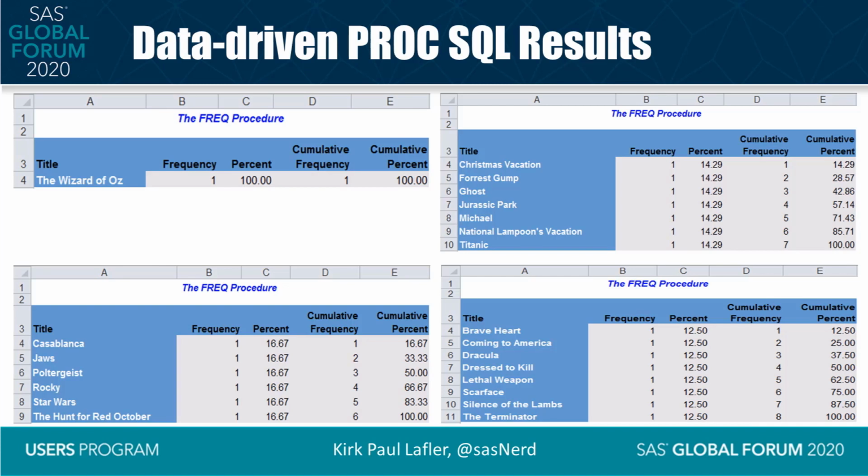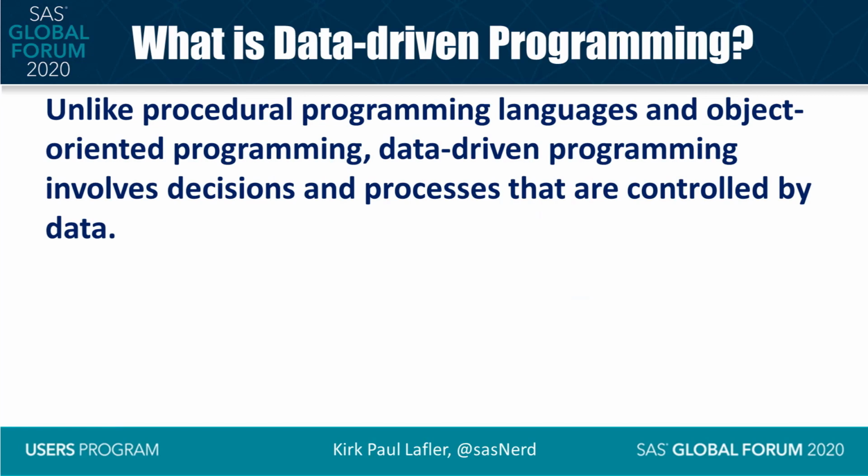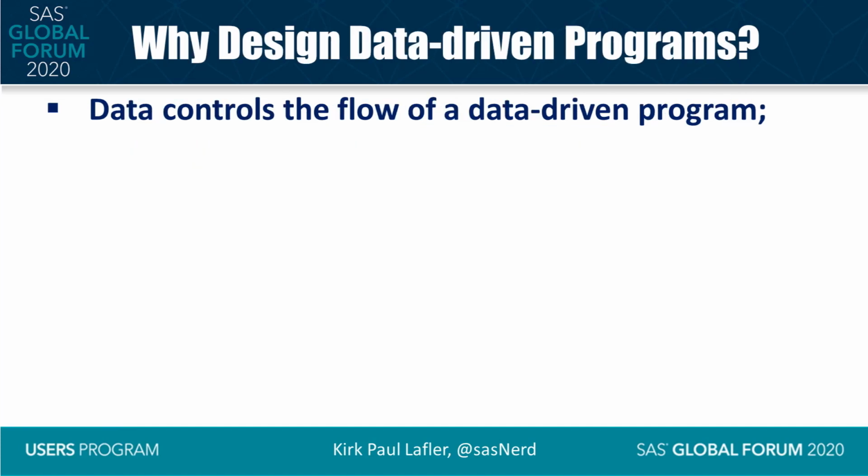So what are the summary of takeaways I'd like for you to know from this section? What is data-driven programming? Unlike procedural programming languages and object-oriented programming, data-driven programming involves decisions and processes that are controlled by data. Why design data-driven programs? Data controls the flow of a data-driven program.